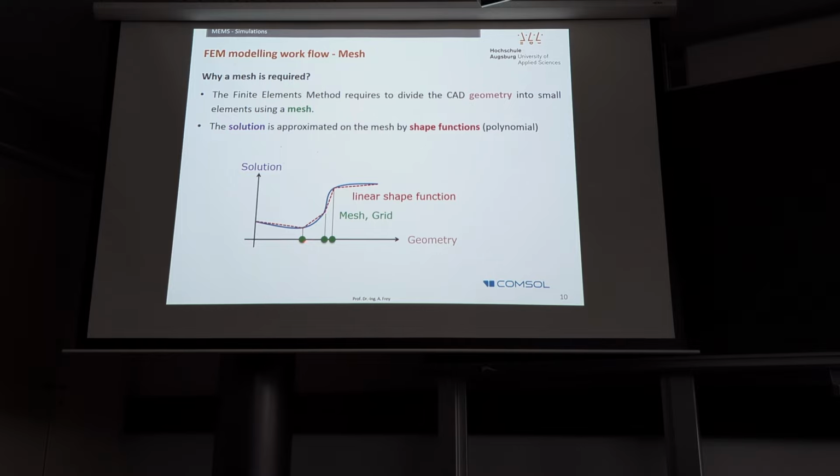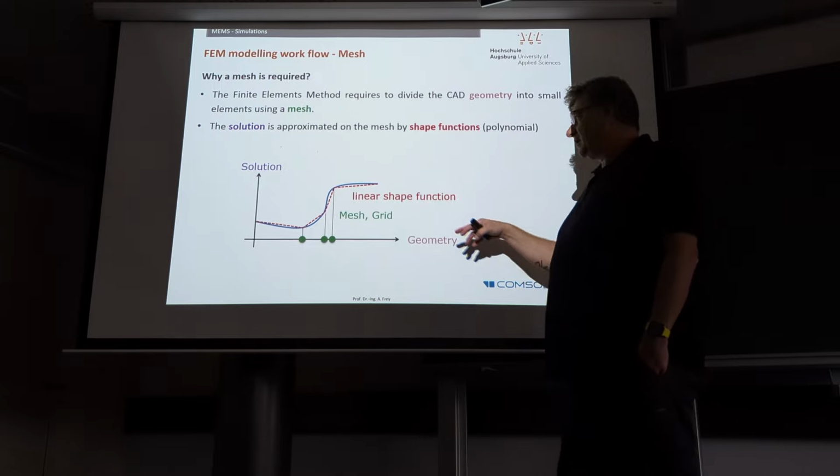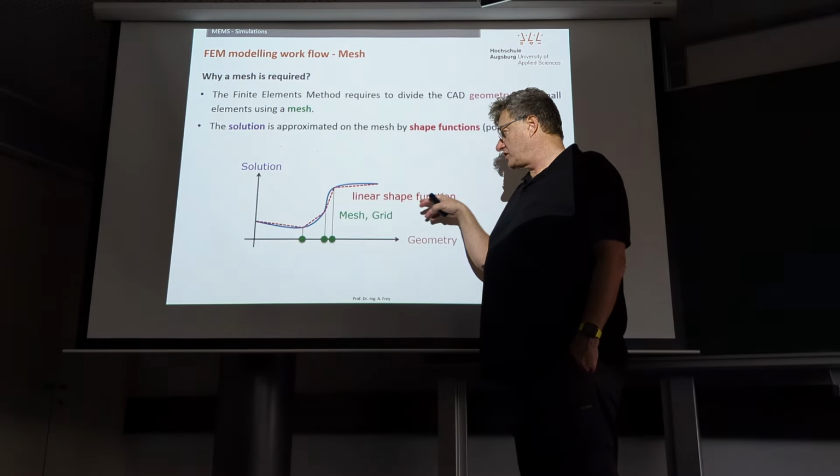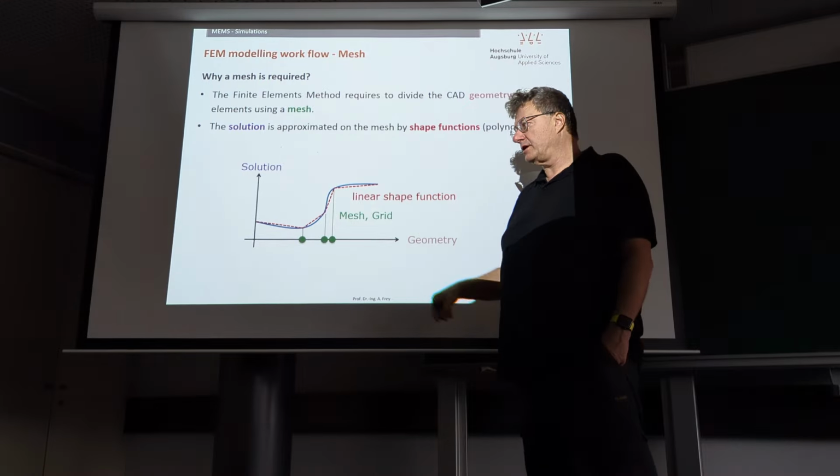So we also discussed if we have numerical solutions only at the mesh points, how to handle the regions in between. We need to have some kind of interpolation, and that comes in different orders of so-called shape functions: linear, quadratic, and higher order.